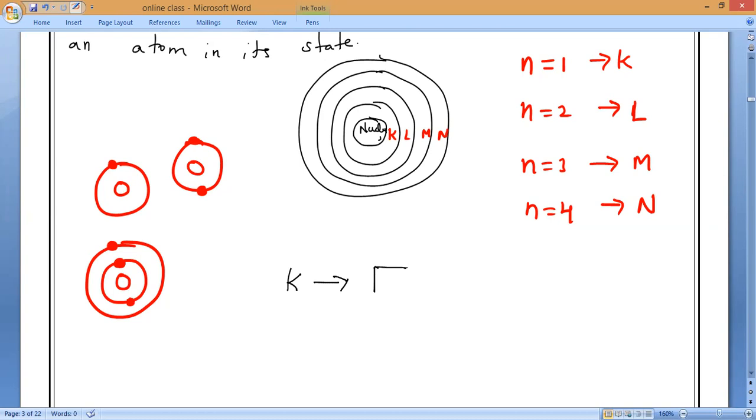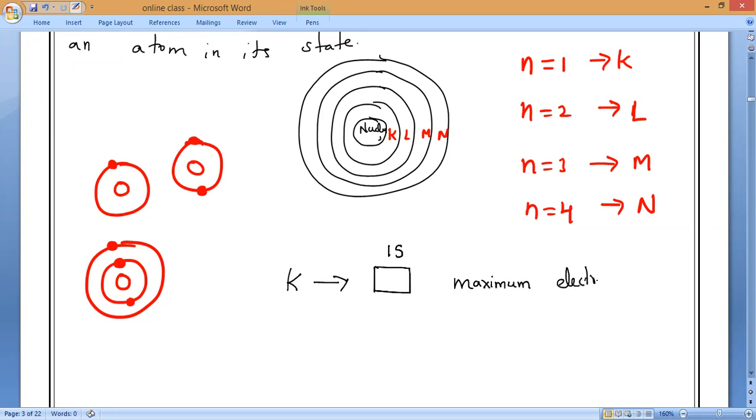It has a bus having only one seat. That bus seat is called 1s. What is the bus name? 1s.